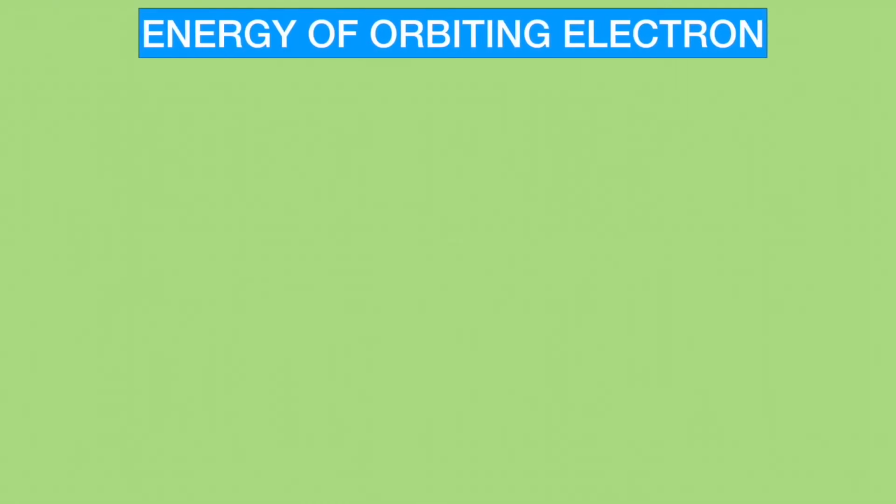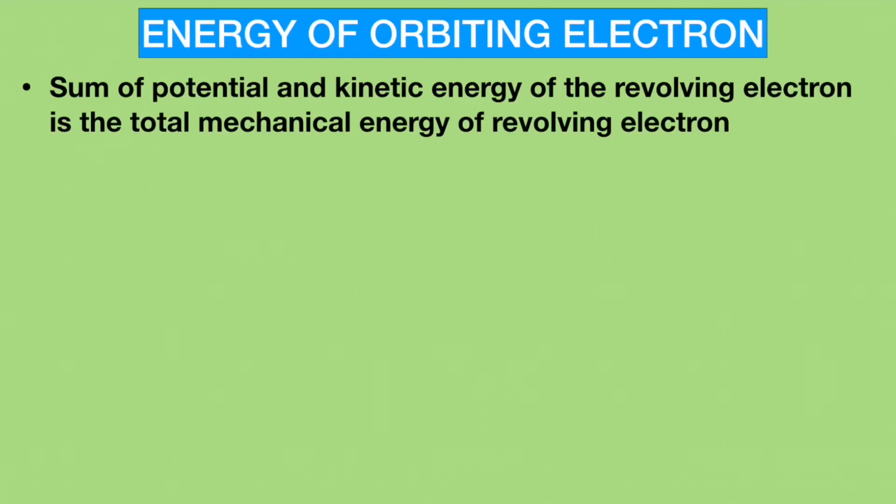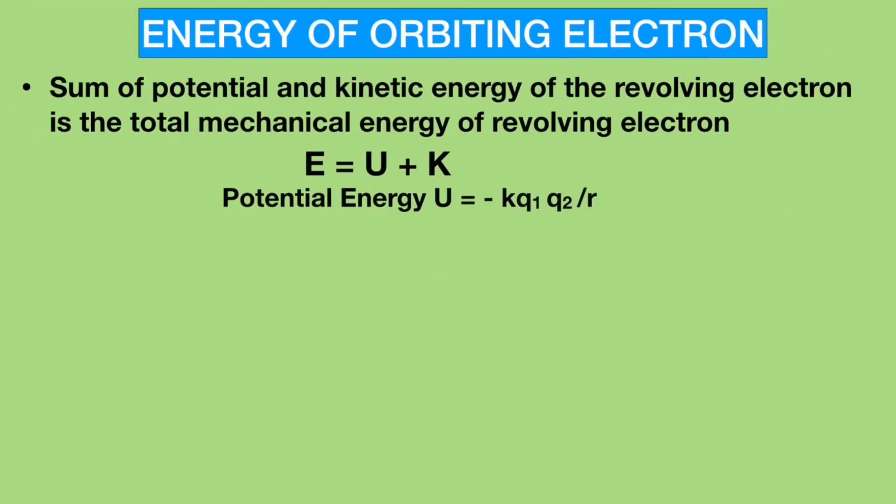Then we can talk about the energy of the orbiting electron. You know that there are two types of mechanical energy, potential and kinetic energy. When an electron is revolving around the nucleus, it has both, and the sum of these two is the total energy of the revolving electron. So total mechanical energy is the sum of potential and kinetic energy, E = U + K. Potential energy is given by U = -kQ1Q2/r.